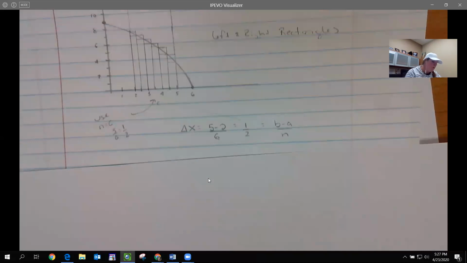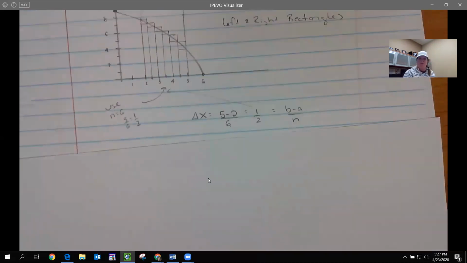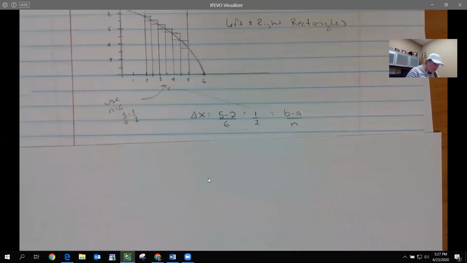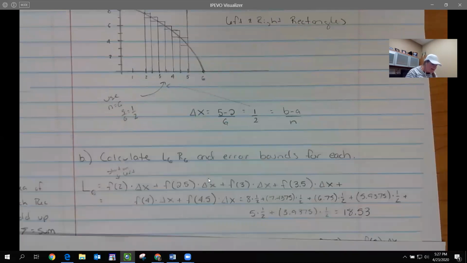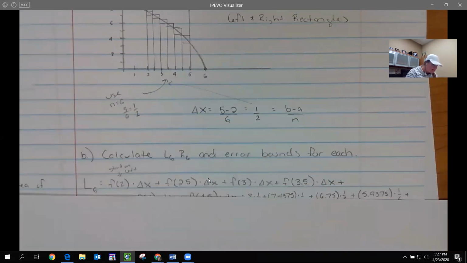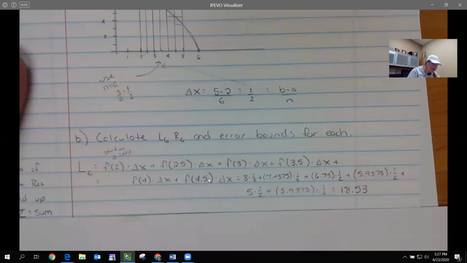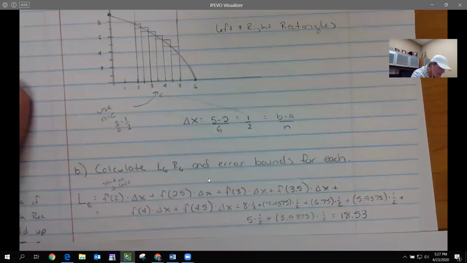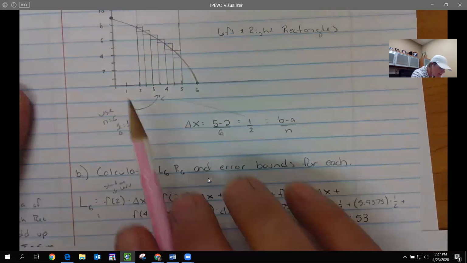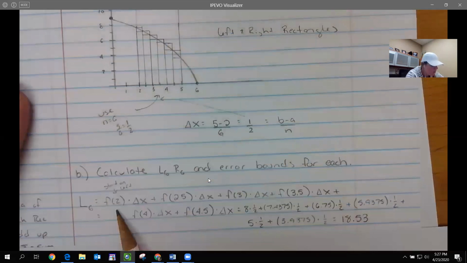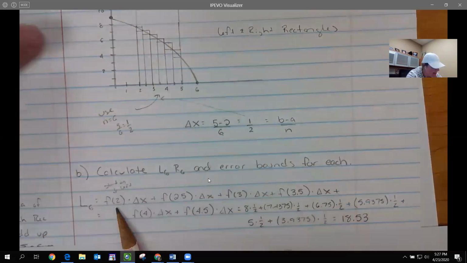Change in x. Well, what the heck am I going to do now? All right, well, the whole idea of these is, I wrote it out kind of ugly, but that's okay. The whole idea is you have your change in x, this distance here, times wherever the function is at that value.